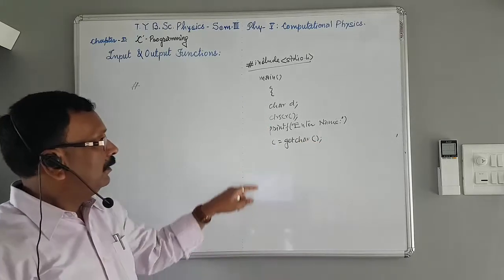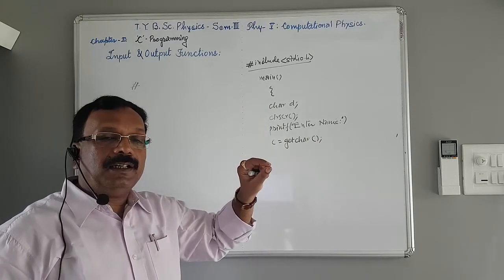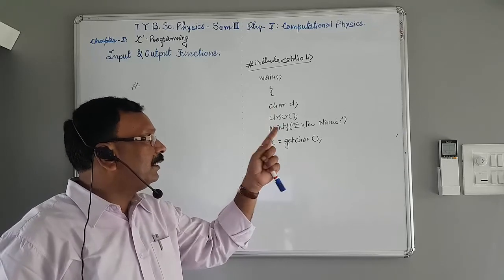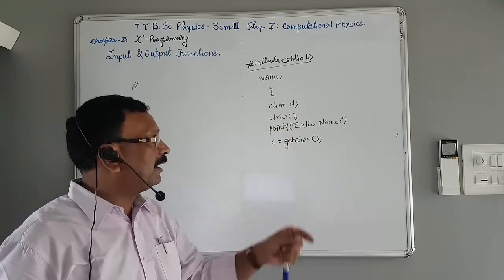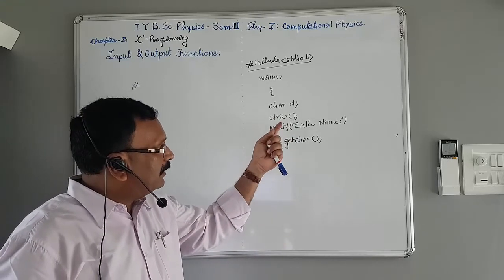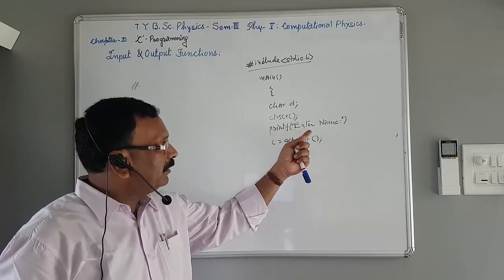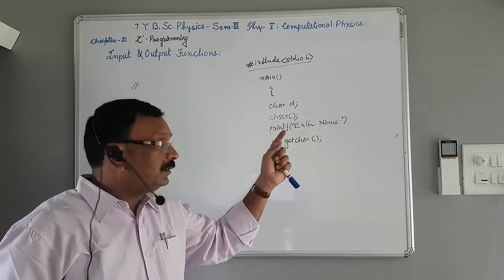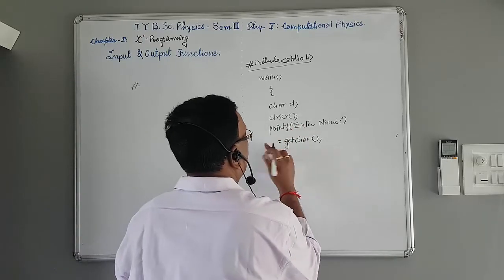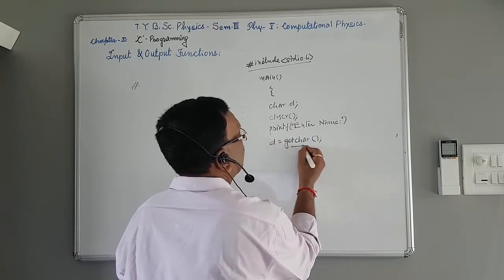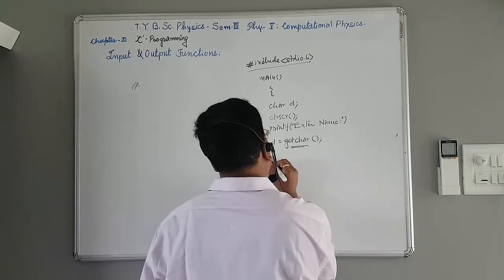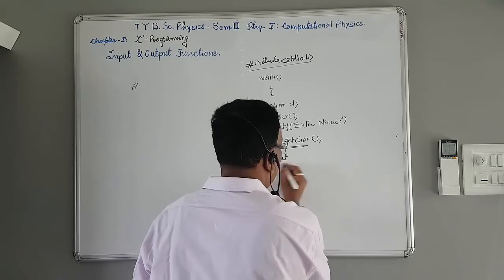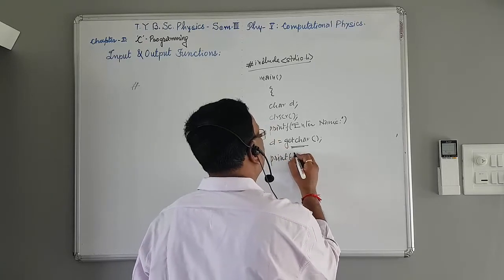Okay. When we enter a single key like D, we supply the data to the computer through the keyboard as a single character D, and that single character D is read by this input statement, and printed through the statement. This is a formatted output statement.